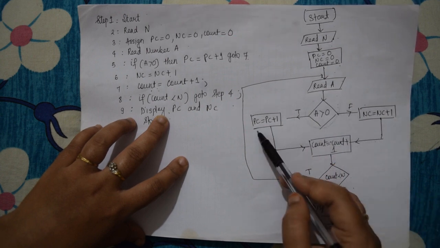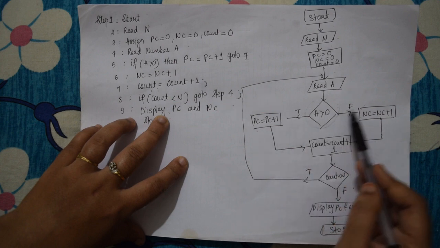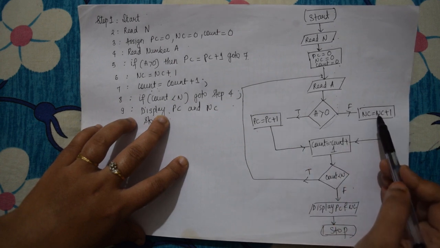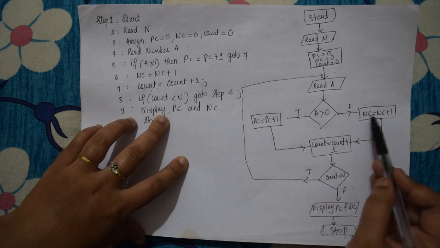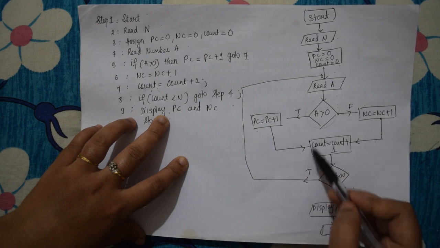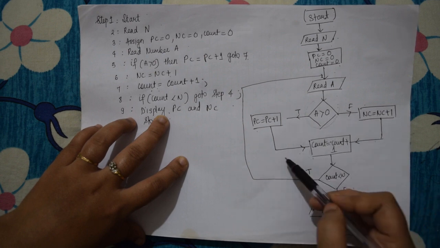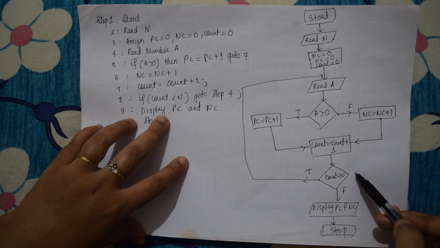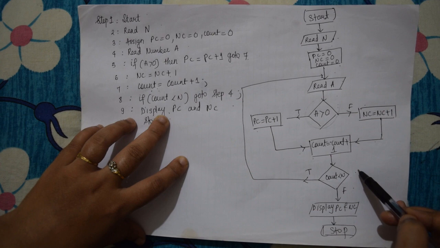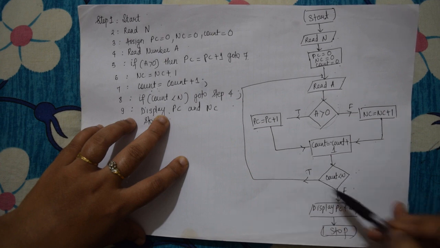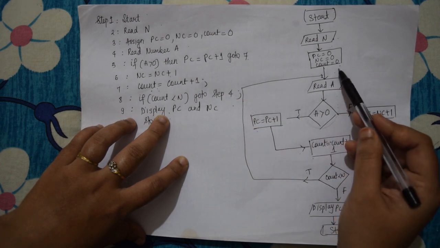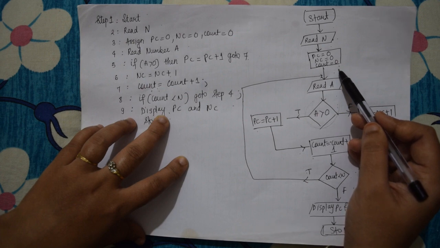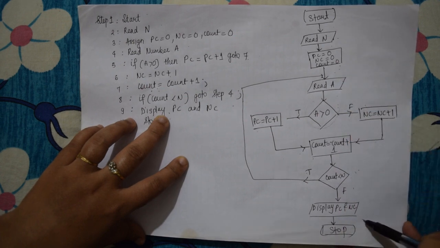If it is true, we are performing this operation. If it is false, we are performing this operation, and after these two operations we have to perform this operation. And after this again we have to check. So this decision will be true or false. If it is true, we have to go back to step number 4. If it is false, we have to display the output.